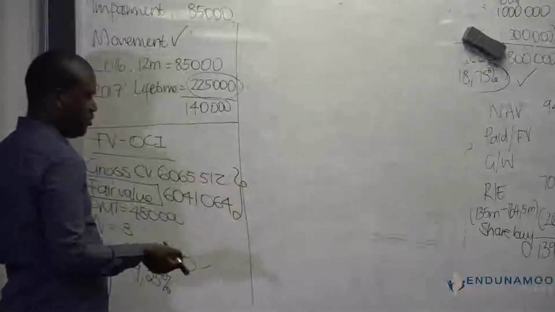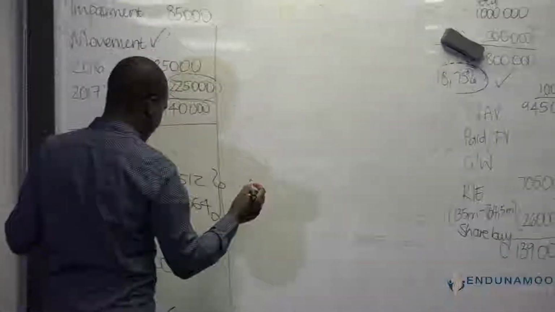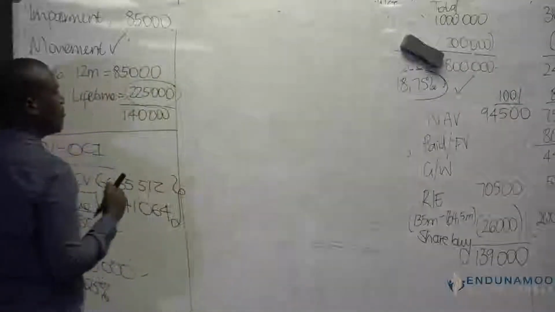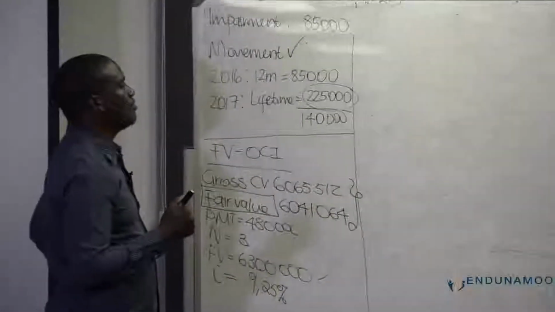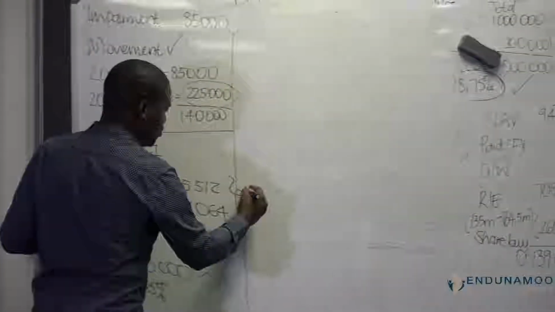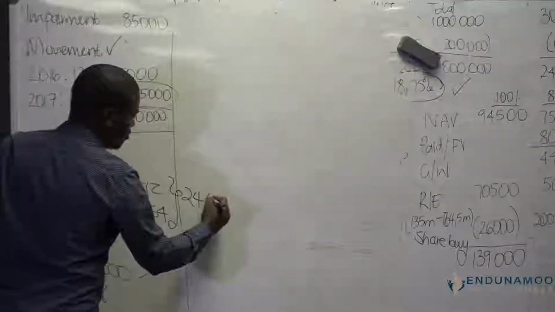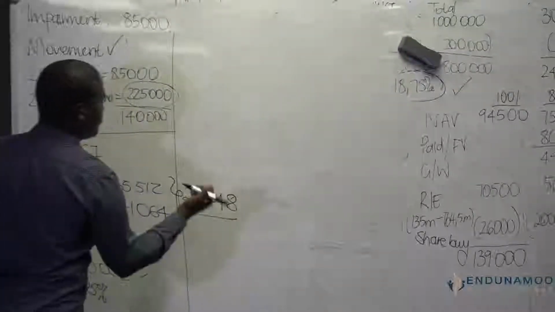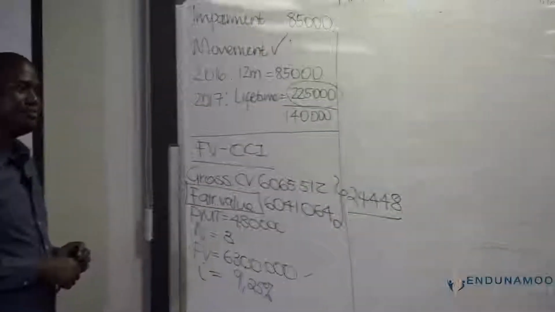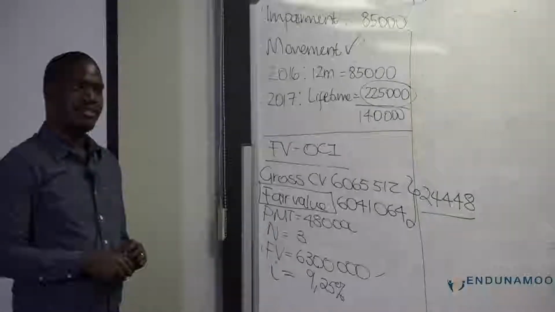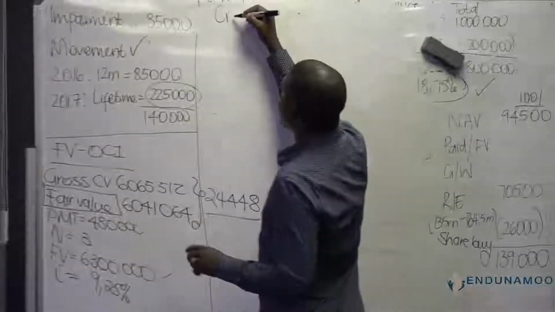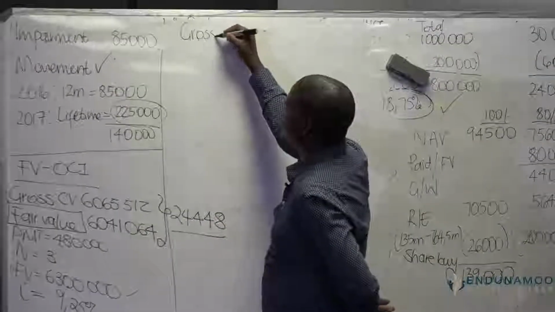The difference between the two is what? Does that make sense? Same calc, sitting where? In 2017, right?